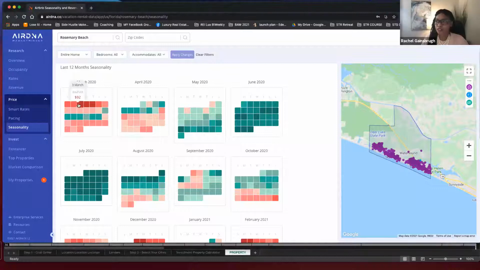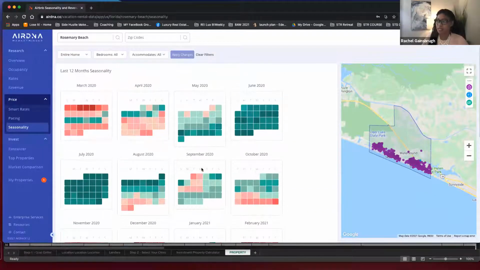So for the month of March, a very low RevPAR, right? April, you start to get some higher RevPAR up in here, okay? And then May, got a lot of green.